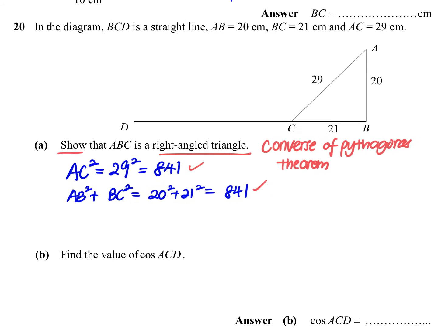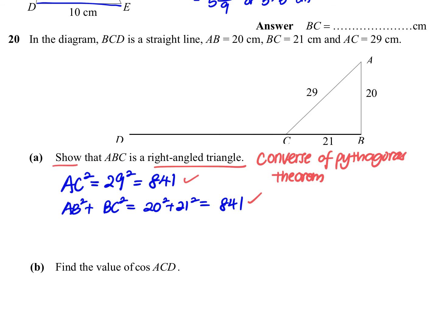Then the magic statement. Since what? Okay, correct. You all know what it means. Since this is the case, can I start with this statement on top? No. This one must come last.